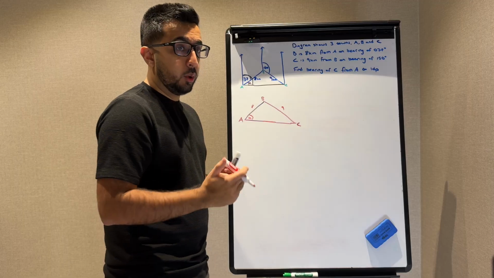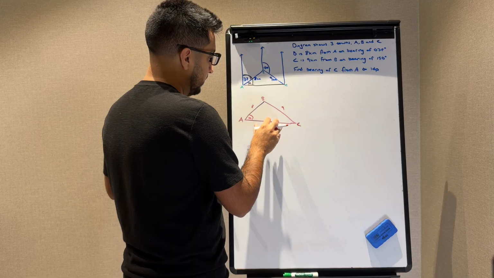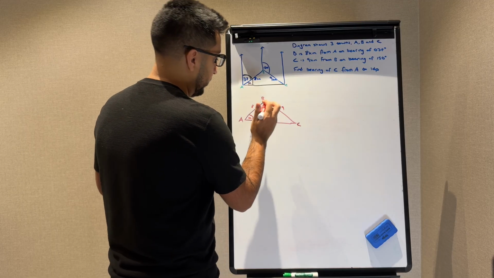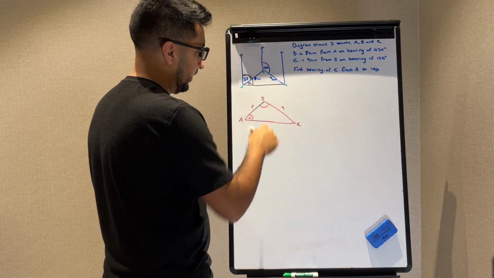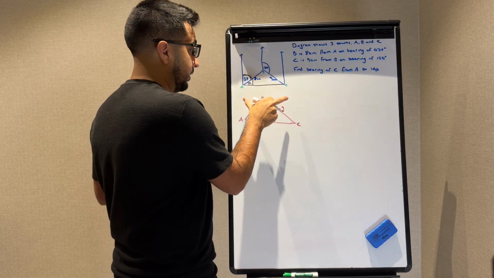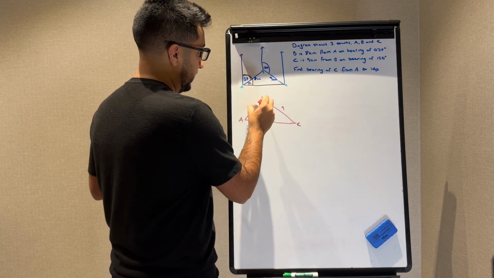I'm assuming sine rule and cosine rule can be used, but all we do know for a fact is we are going to need this angle here, and I've specifically chosen that one over this one because I know it can be used for the cosine rule a little bit easier, but also we can find this angle.